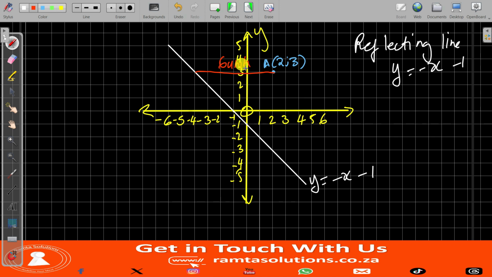Interesting. 1, 2, 3, 4, 5. Again, this is 6 units. Interesting. 6 units, right? We then need 6 units there. This is also going to be 6 units. So the point A prime, it looks like its x value is -4, y value is -3.